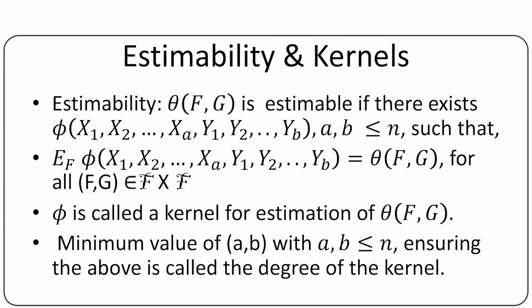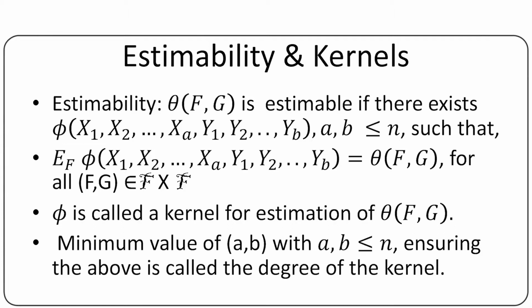Now consider interchanging X1 and X2. We see that phi remains the same, so it is symmetric by definition. Next, consider the estimation of the probability of Y1 lying between X1 and X2. As before, the indicator function gives the probability, and phi is of degree (2, 1).